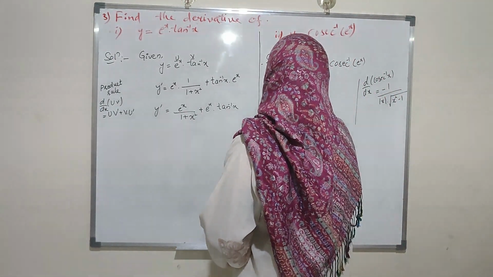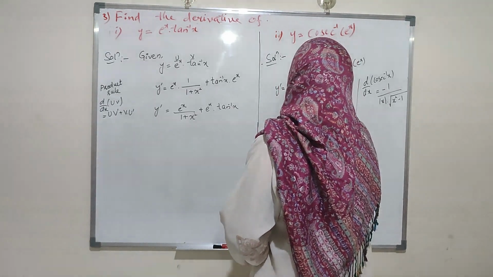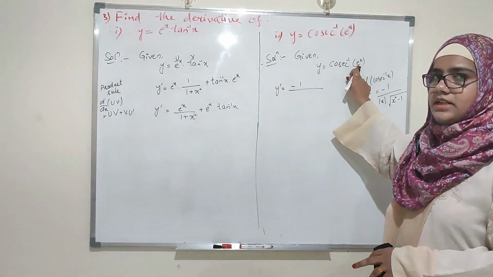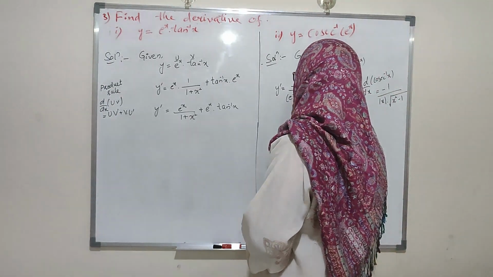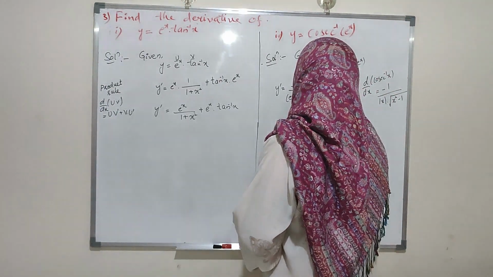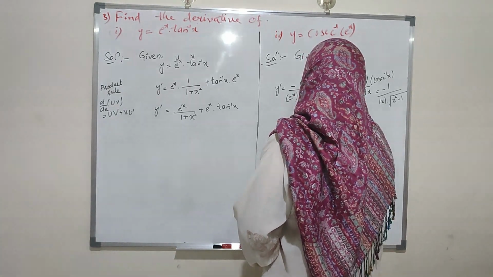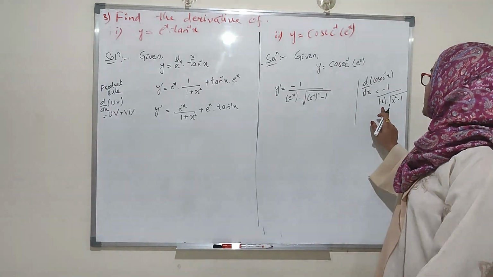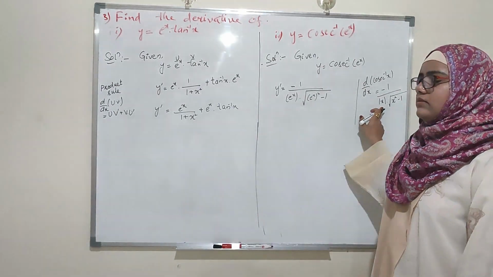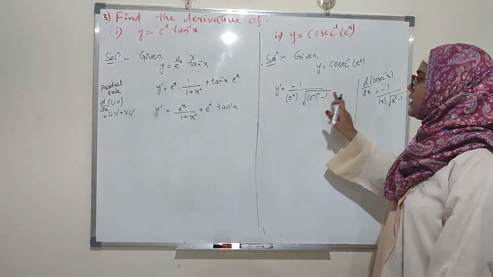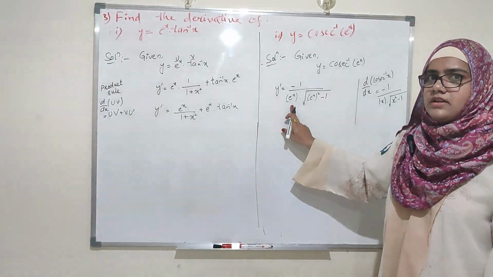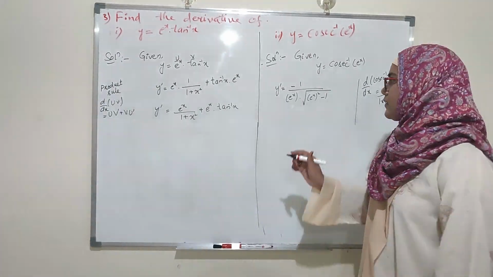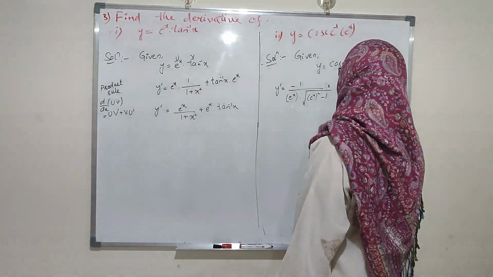y dash is equal to minus of 1 by e raised to x, since x is given as e raised to x, into root of e raised to x whole square minus 1. Mod is for negative terms; if a positive term is given, we can directly write e raised to x. Then, into the differentiation of e raised to x, which is e raised to x.